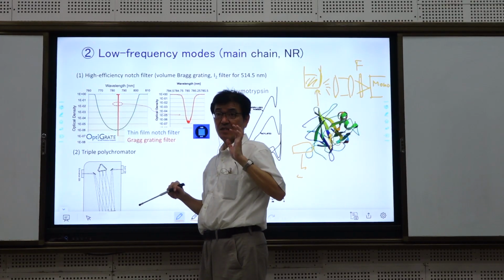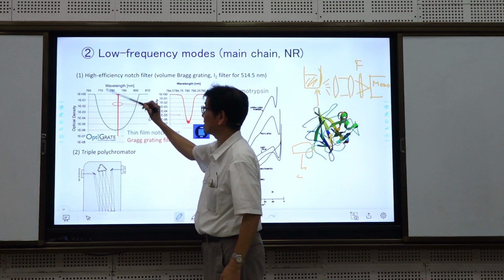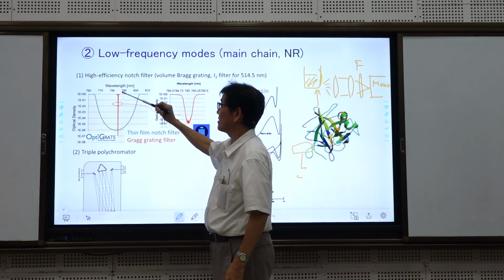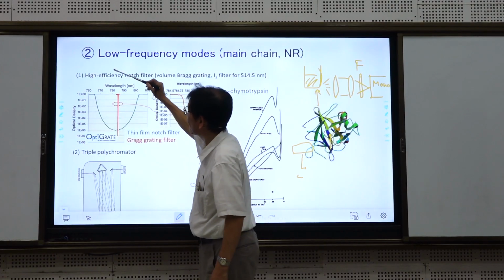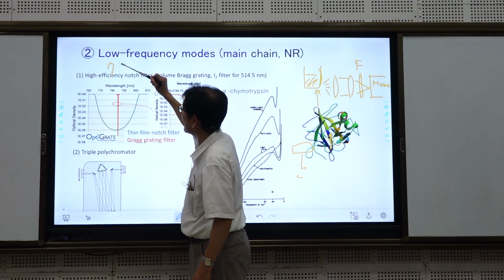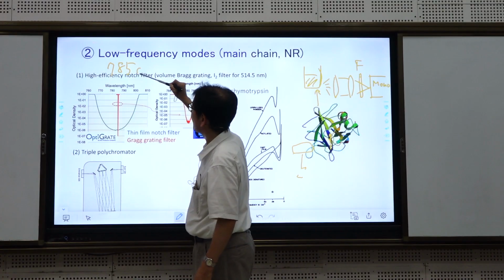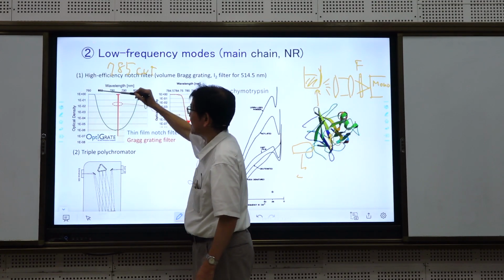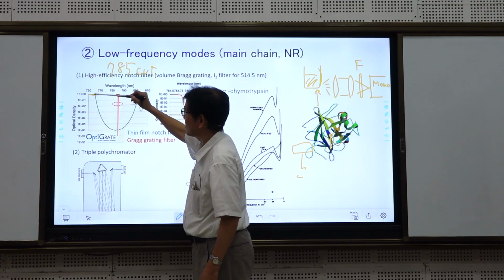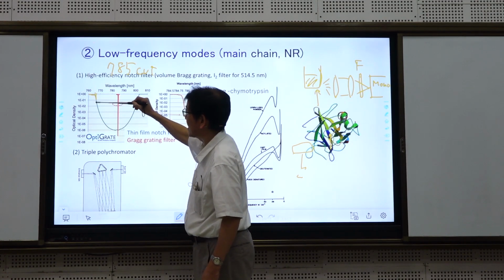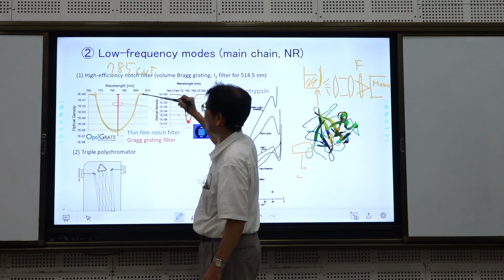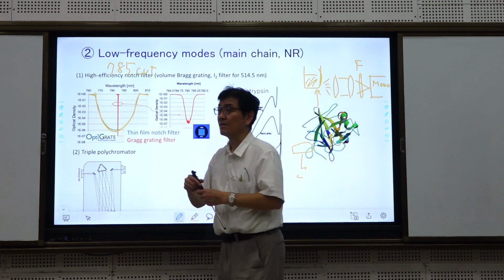When we purchase a cheap Rayleigh cut filter centered at 785 nanometer, then the cheap filter cuts from 765 to 805.